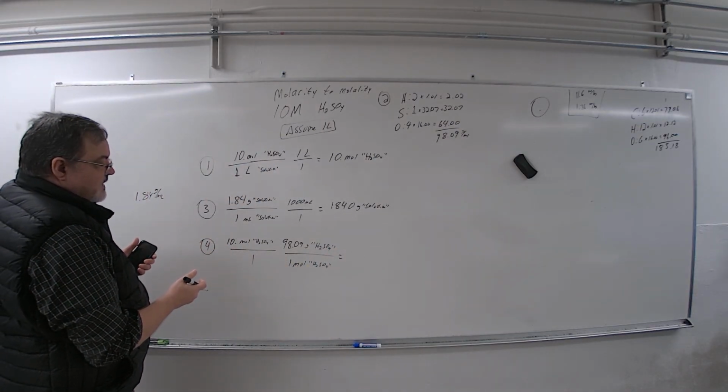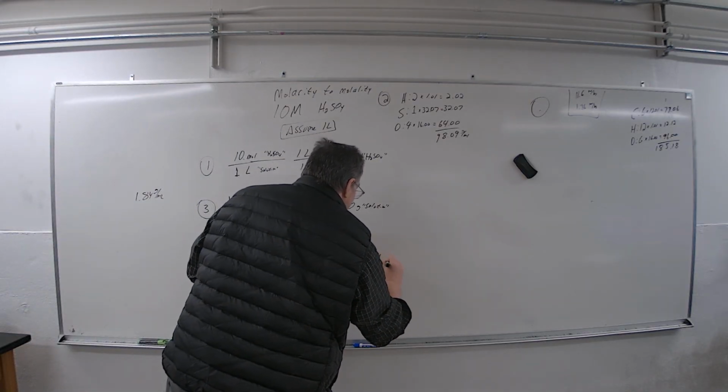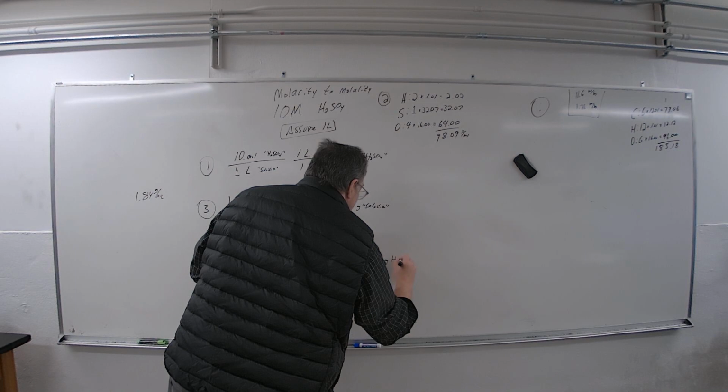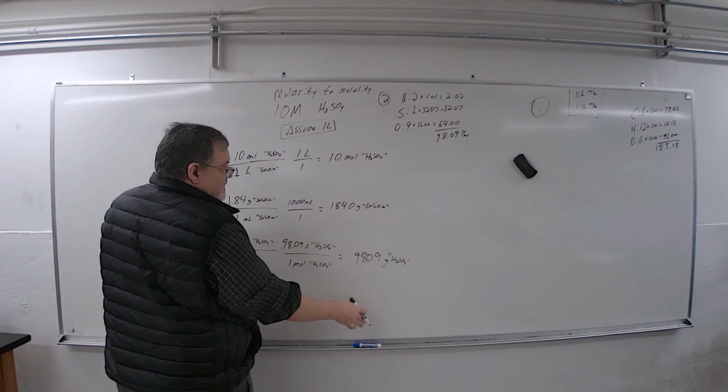Times 10, that's going to be 980.9. So 980.9 grams of this is H2SO4.